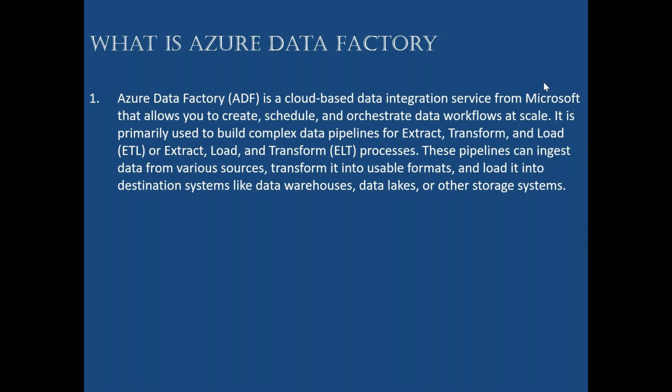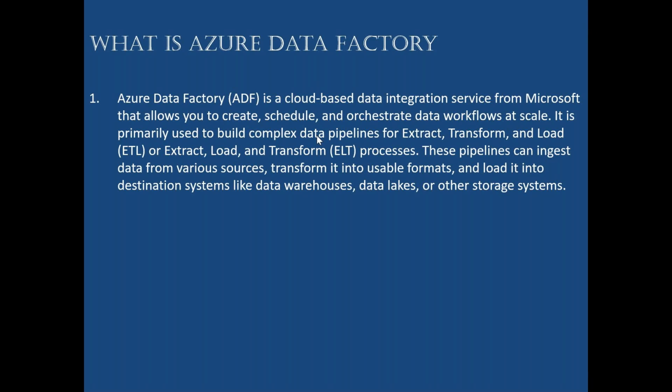Now you collected and loaded data, but tomorrow new data comes again. How will you do it? That's why this service allows you to create a pipeline so that the pipeline can be scheduled to run every day. What it means is you create a pipeline and run it every day, so that whatever new data is there in the source system, it is continuously fetched from yesterday.